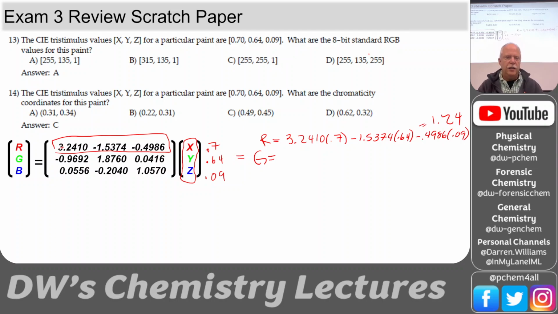Now G is the second row times the first column, which gives you the second row value here. So this is minus 0.9692 times 0.7 plus 1.876 times 0.64 plus 0.0416 times 0.09.